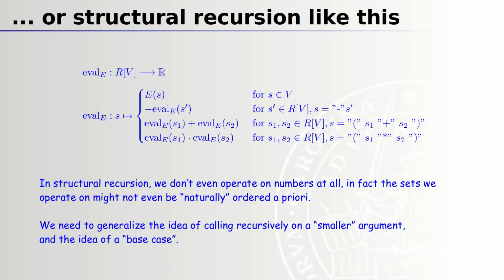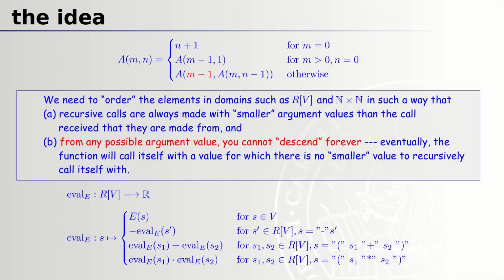With functions performing recursion on domains like that, we need to generalize and formalize our intuition that recursion is okay if the recursive function only calls itself on quote-unquote smaller argument values and will eventually run into a base case. This is what this segment is about.